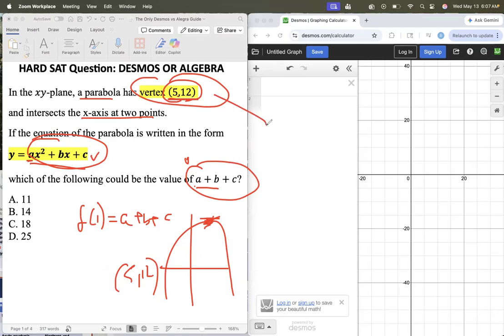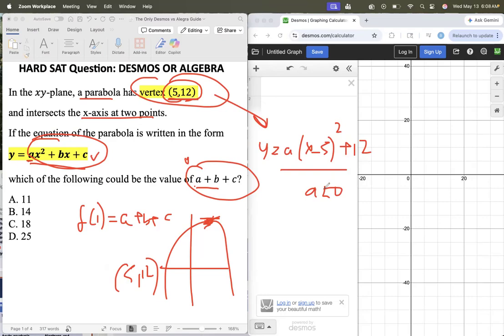If I know the vertex, I can write it in the vertex form. This is the same thing as a(x minus 5) squared plus 12. This is my vertex equation, right? And then I know that my a has to be less than 0, right? Because it's opening down.